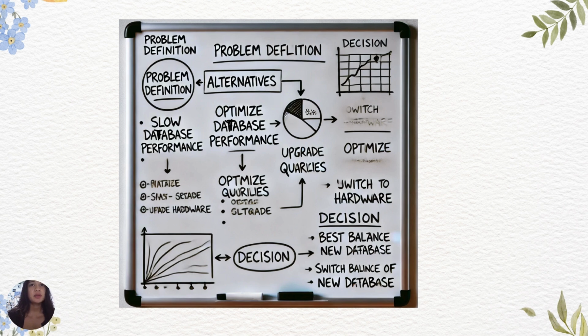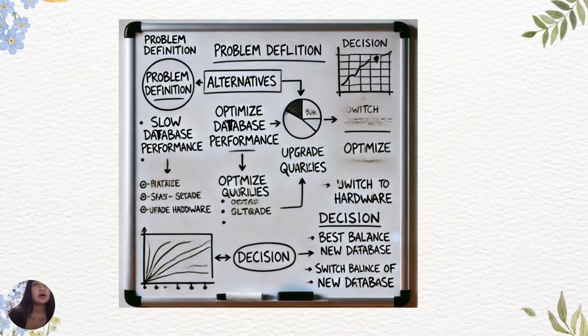So to optimize that database performance, they have to upgrade the quality. The decision alternatives they are thinking about are whether they should switch to a new database. Those are the alternative decisions.